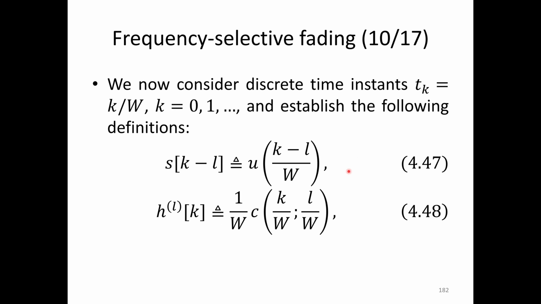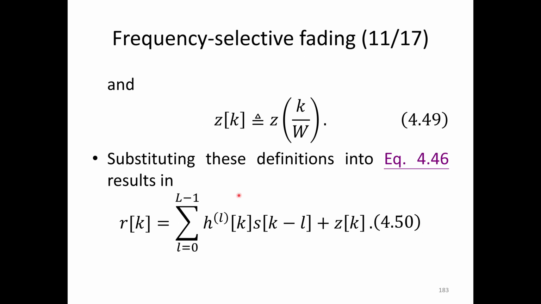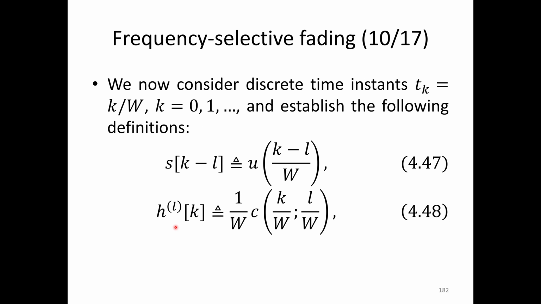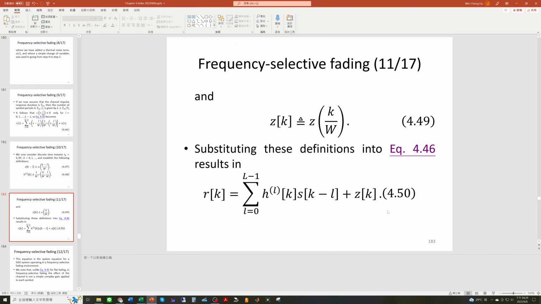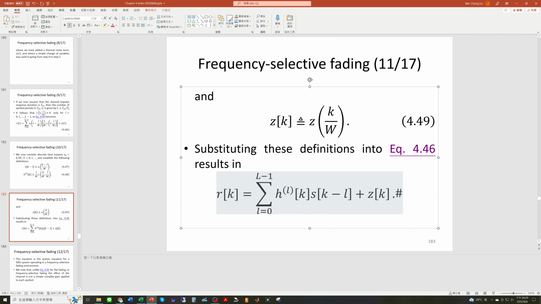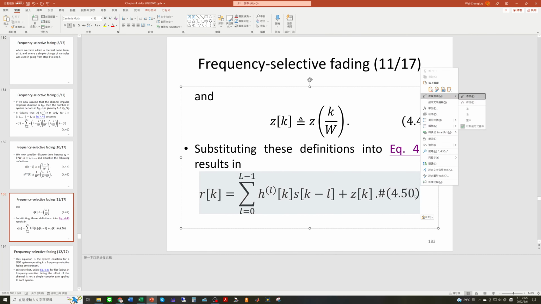So R of k is equal to summation small l is equal to 0 to capital L minus 1, HL of k times S of k minus L plus Z of k. This equation number is in the wrong place. Let me correct it.